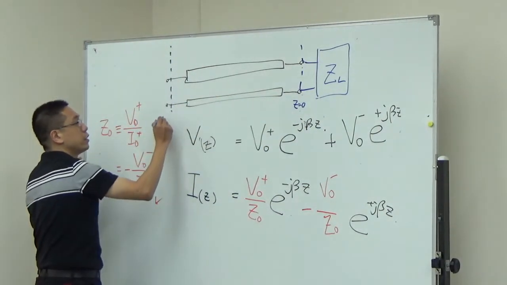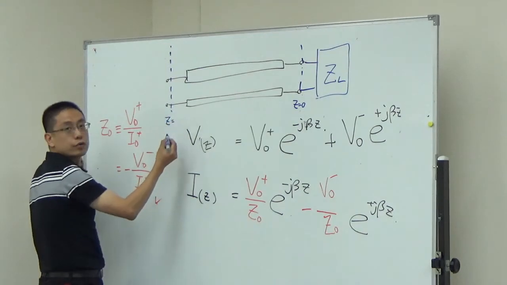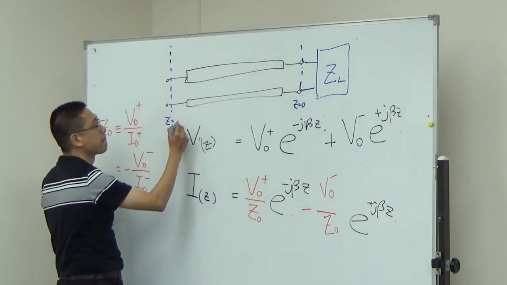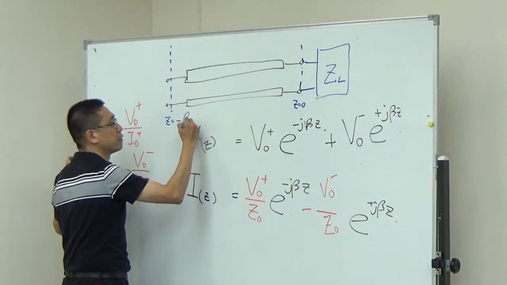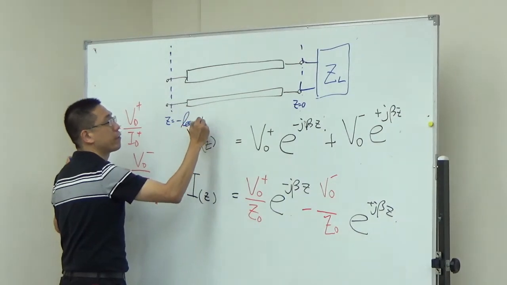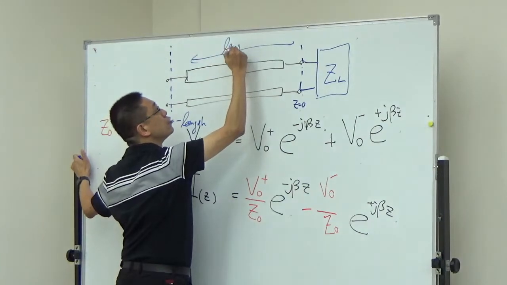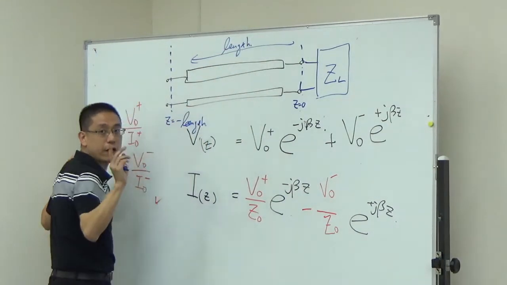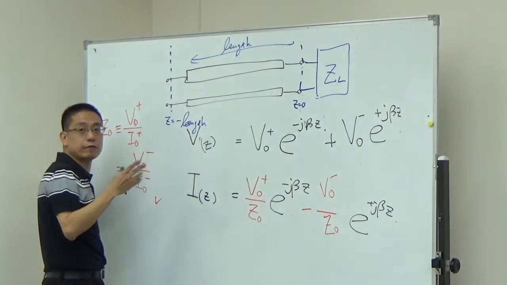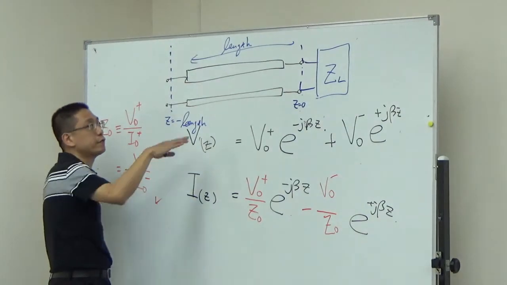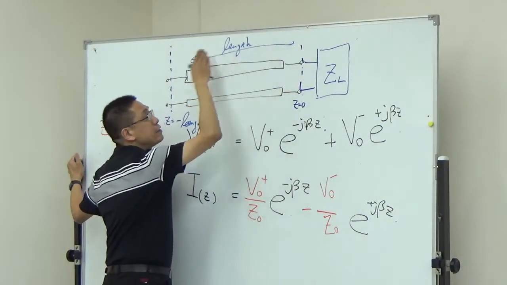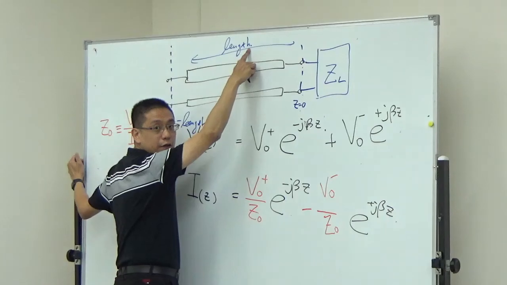Another position is z equals minus length. This is the length. I don't use L because I will use L for later. If the length of this is the length, okay?